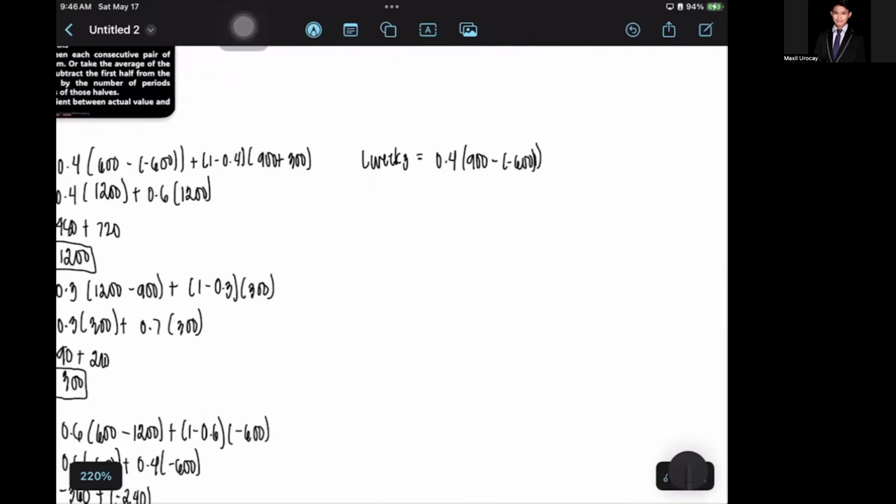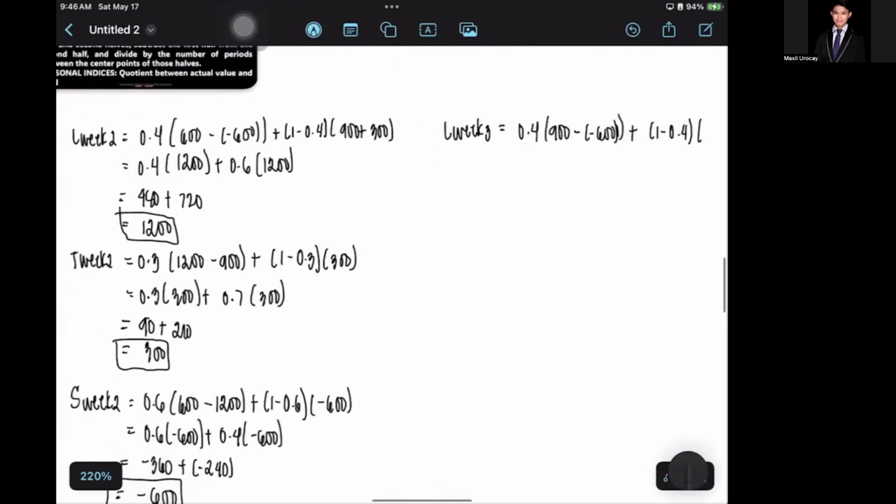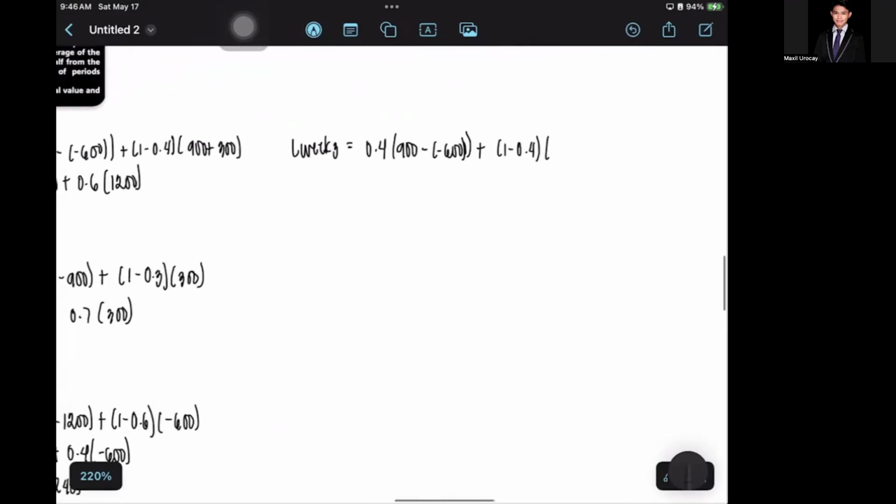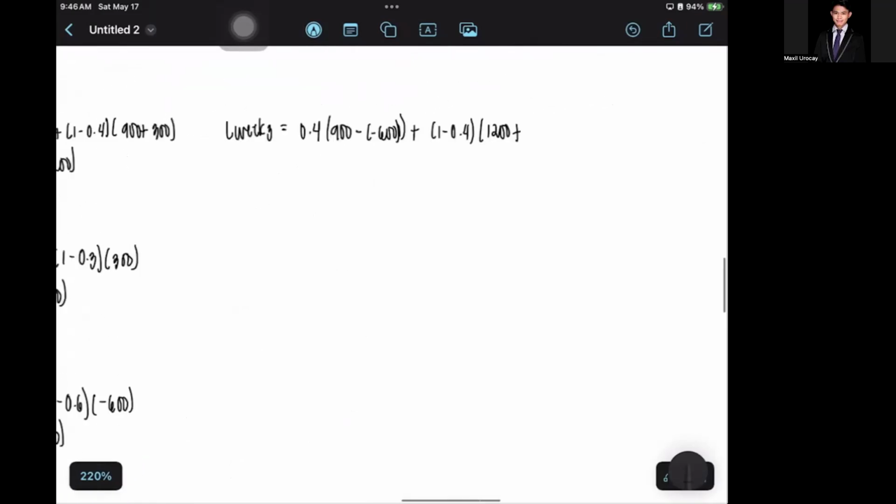Afterwards, plus the parameter, minus 0.4, and then times the previous level that you do have. The previous level is 1,200 plus the previous trend. The previous trend that you do have is 300.